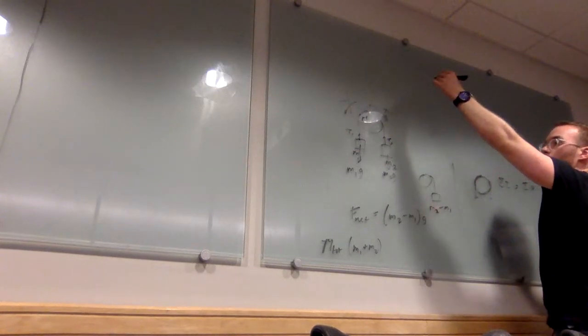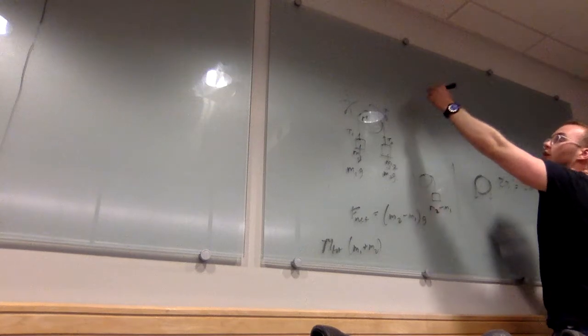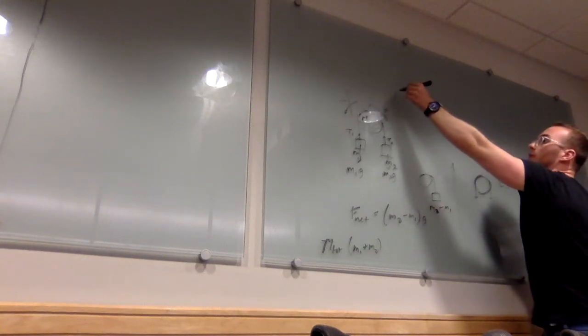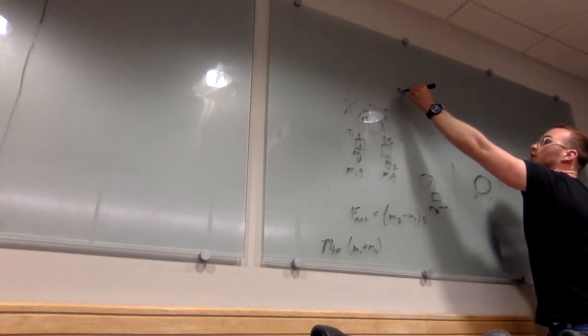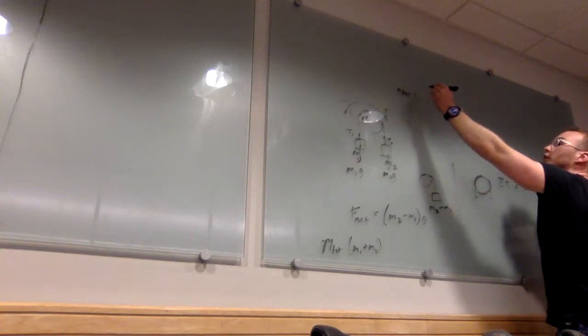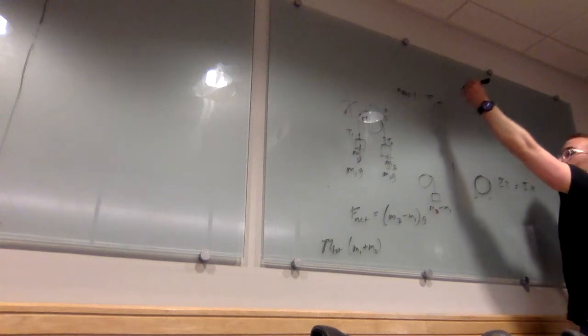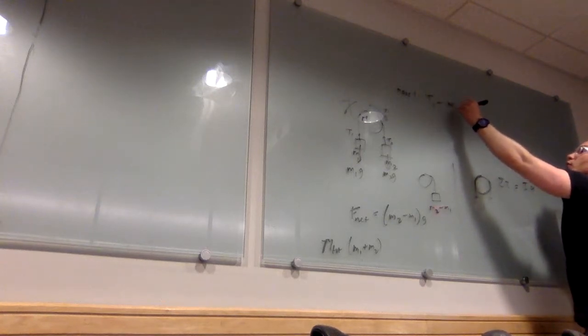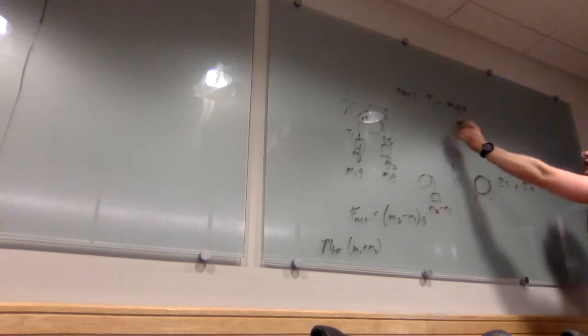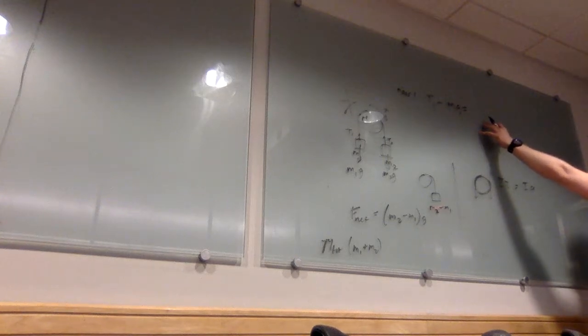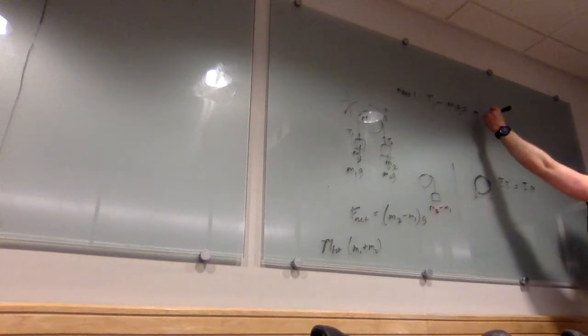So for mass 1, we're going to have T1 minus M1G, and the sum of the forces is M1A. I'll say A1 for now because it's the acceleration of 1.